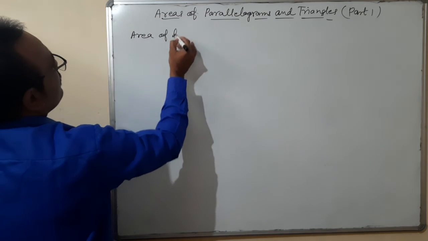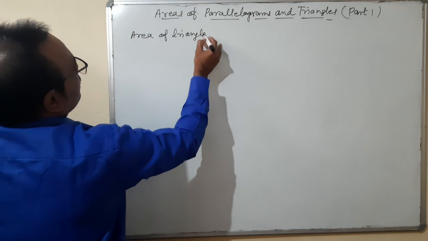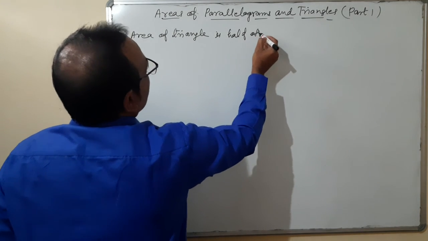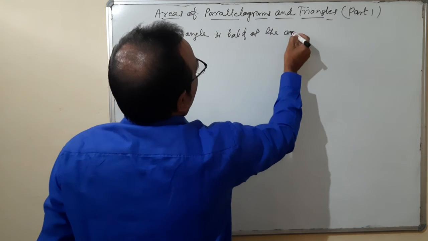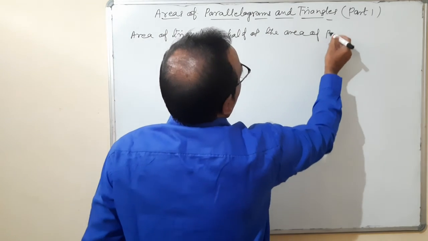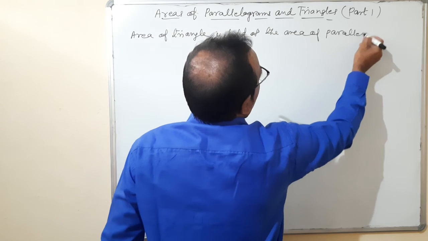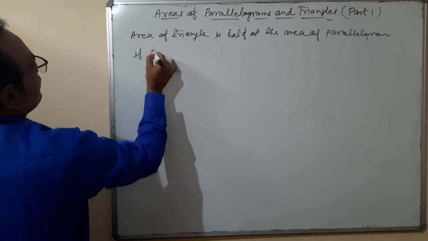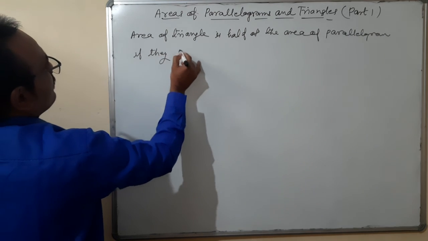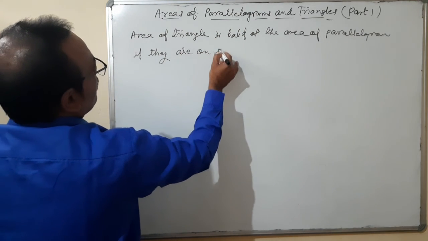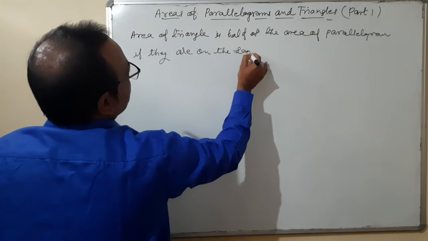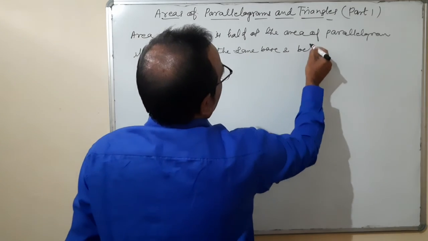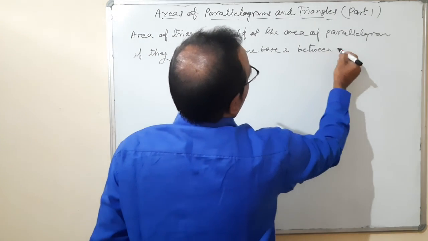Area of triangle is half of the area of parallelogram if they are on the same base and between the same parallels.